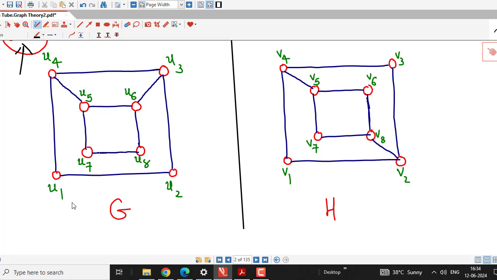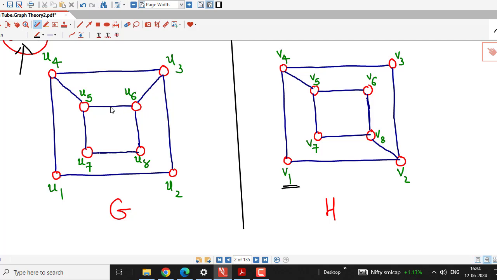In graph G we can see that there are 1, 2, 3, 4, 5, 6, 7 and 8 vertices, and in graph H also you can see there are V1 to V8, that is 8 vertices. That means the number of vertices are same in both the graphs. Now what is the number of edges in both the graphs?